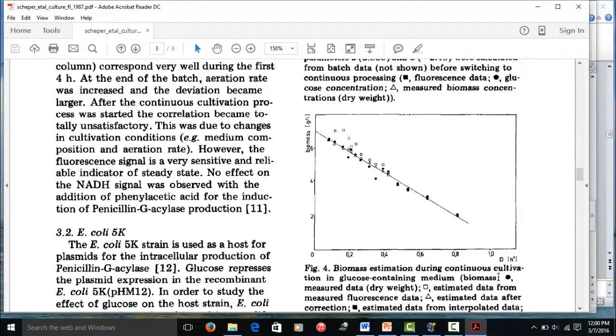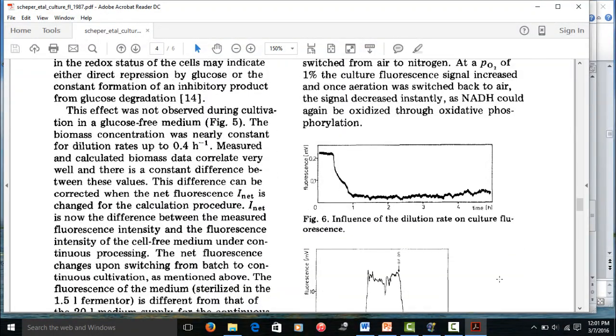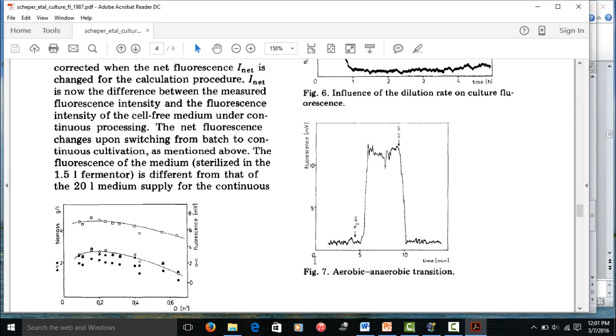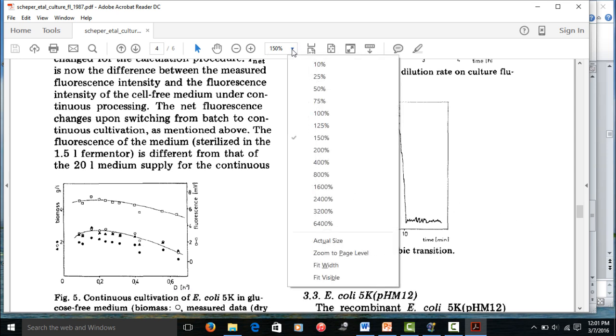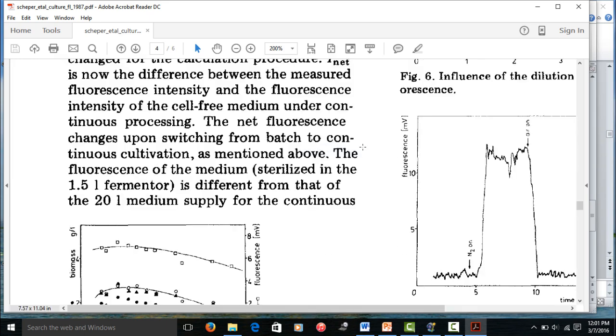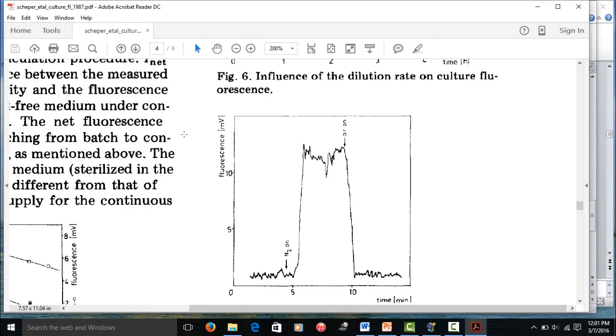And then one more thing I'll point out from this paper. Here, you see this figure? Let me blow it up a little bit. This is culture fluorescence versus time.